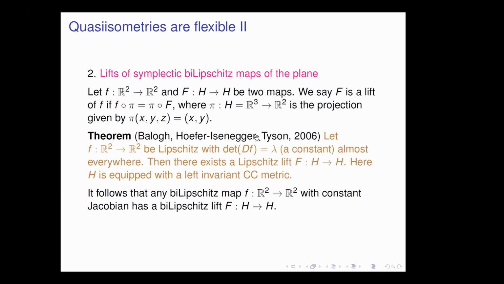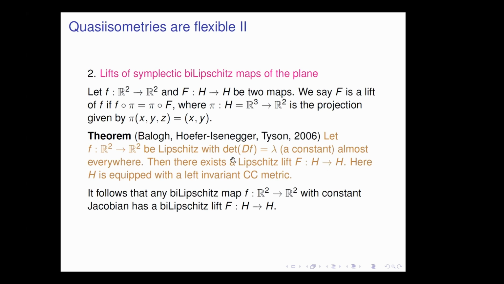So a result from 2006 by these three authors showed that if little f is Lipschitz, where the Jacobian is constant almost everywhere, then it admits a lift to a Lipschitz map from H to itself. And here, H is equipped with the left invariant Carnot-Carathéodory metric.